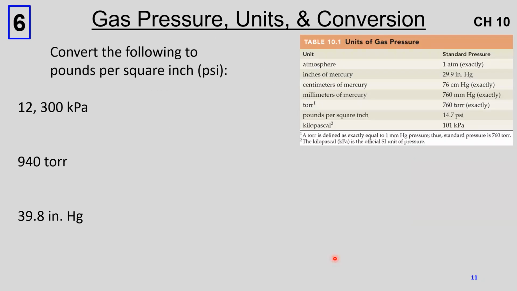So let's take a look at a few examples of converting between units of pressure. In the first example we have 12,300 kilopascals, and we want to convert this to pounds per square inch.